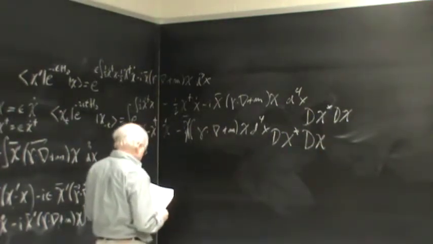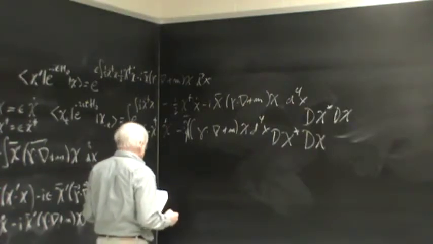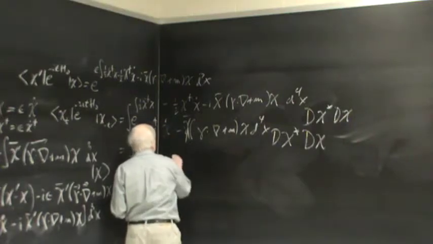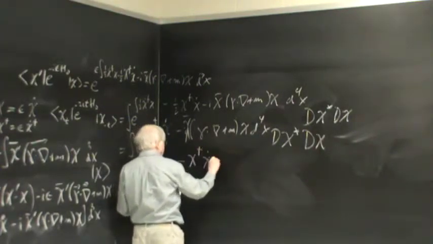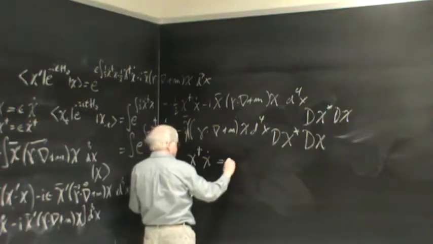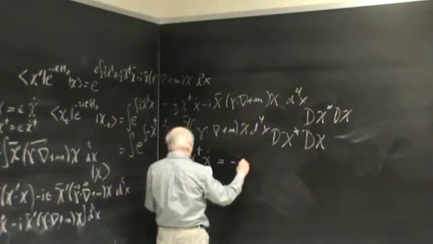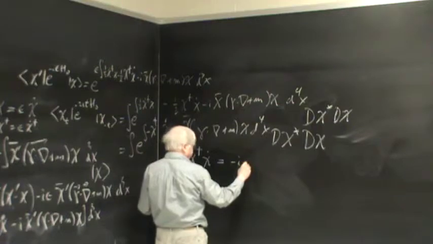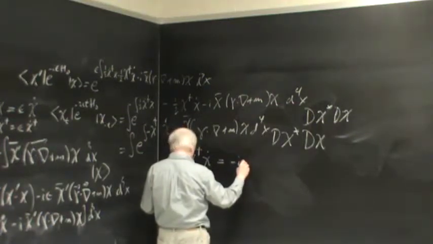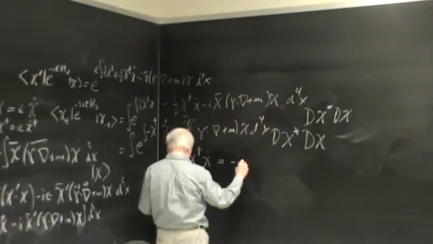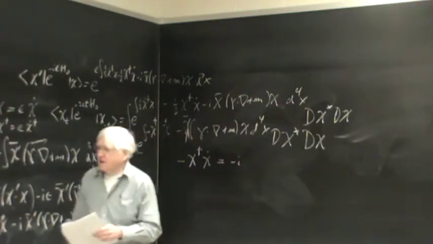Okay. And now, in fact, this structure here, minus chi dagger chi dot, well, this is equal to minus I times, I have a minus sign over here. What is chi?